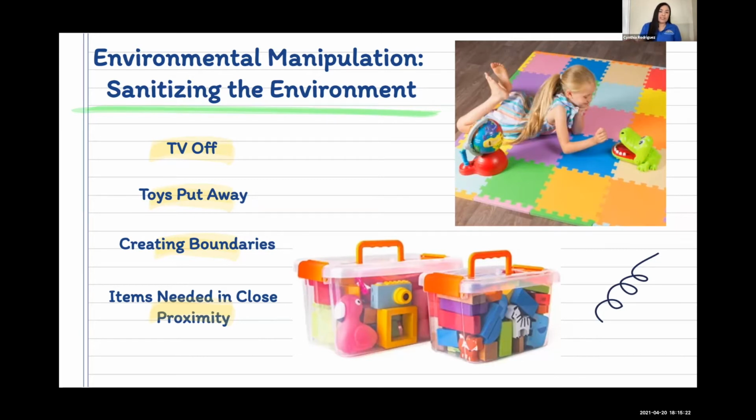When we come back to put on the shoes, bringing them back could trigger that challenging behavior. So it's way easier if we make sure that the items we need are in close proximity to us. That way we don't give them that gap to interact with something different.